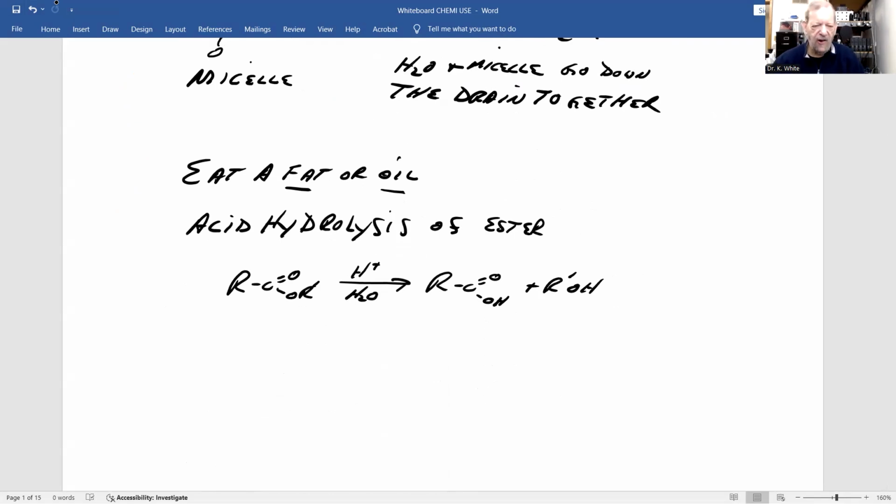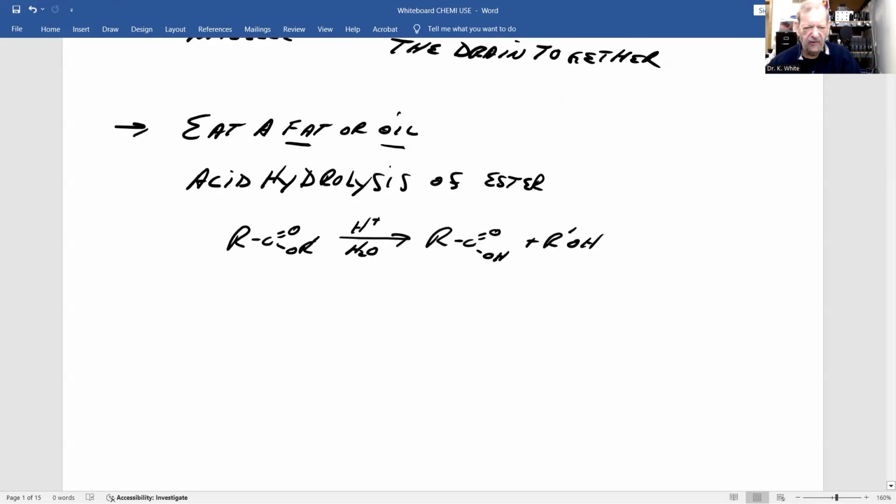So how did you describe when you eat a fat or oil, what's the general chemical reaction that your stomach breaks it down? By words, it's acid hydrolysis of an ester. And here's the general reaction you learned for test three. Ester, acid, and water. Remember, H plus is acid. H2O, I hope you all know by now, is water. You get back the carboxylic acid and the alcohol you would have used to make that ester.